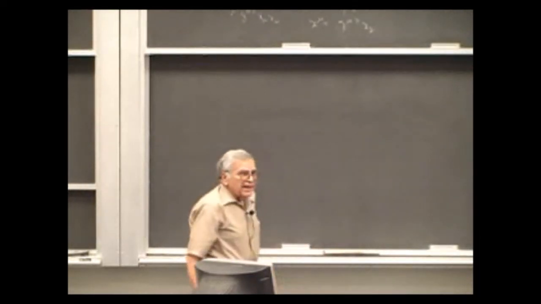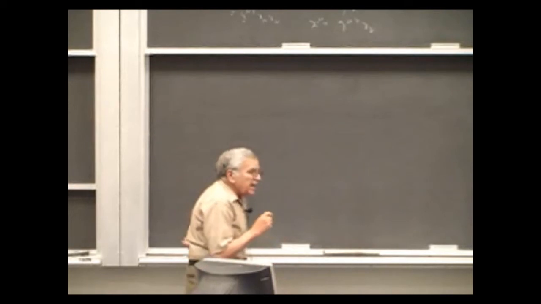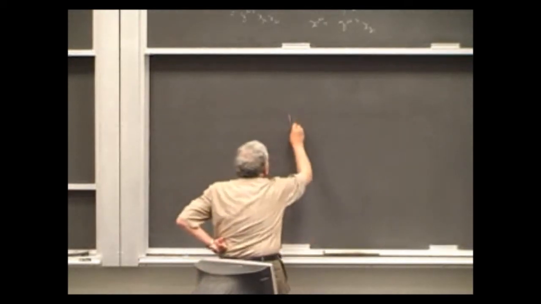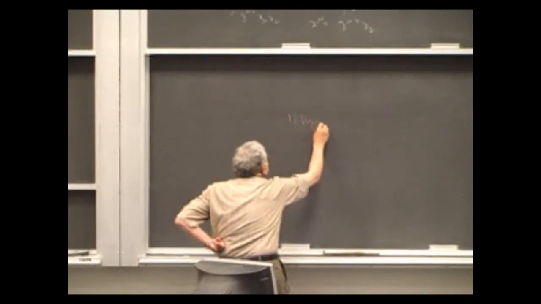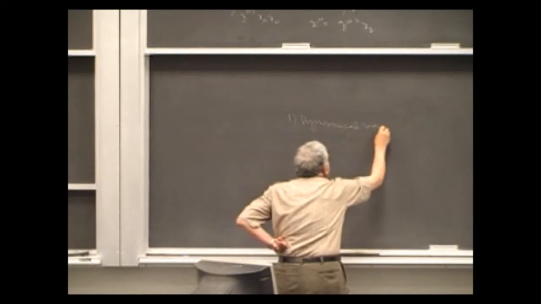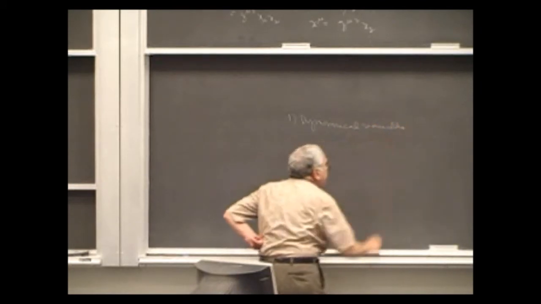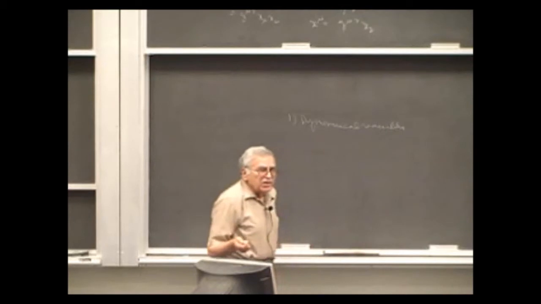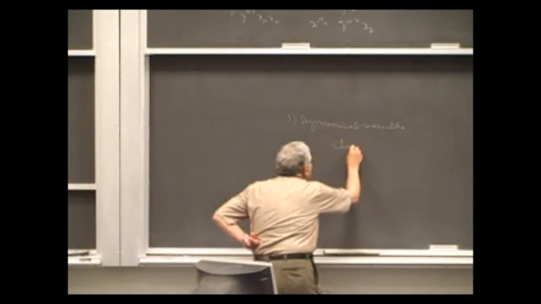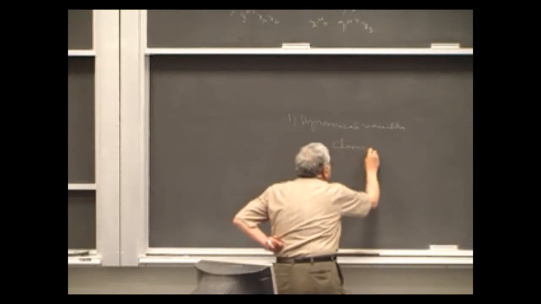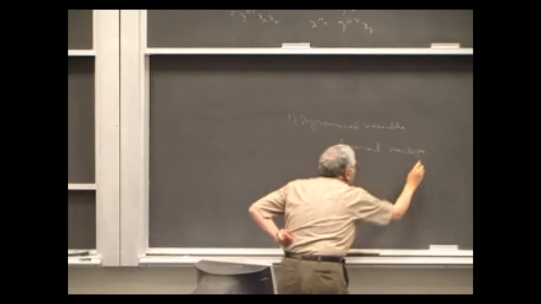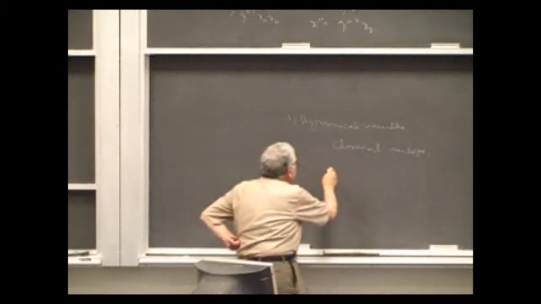Now, having introduced this, let me say a few words about quantum mechanics. Quantum mechanics is actually based on two basic concepts. One is the concept of dynamical variables, like momentum, angular momentum, etc. Here we have a classical analog, but in quantum mechanics they are operators.